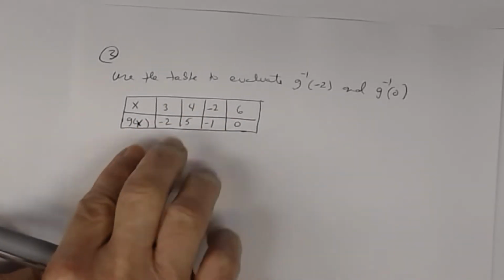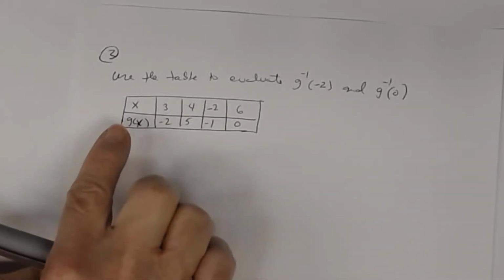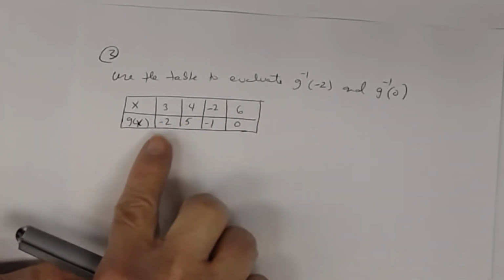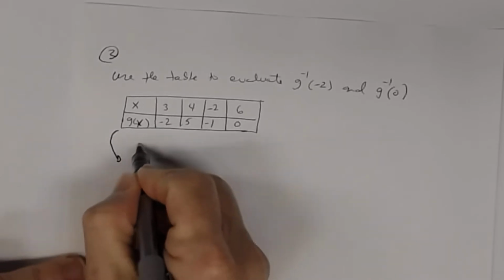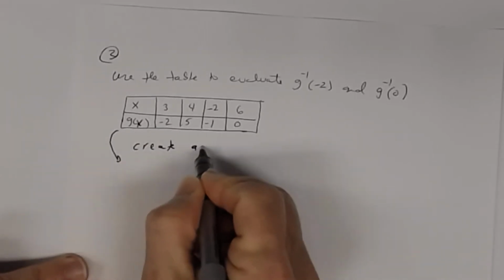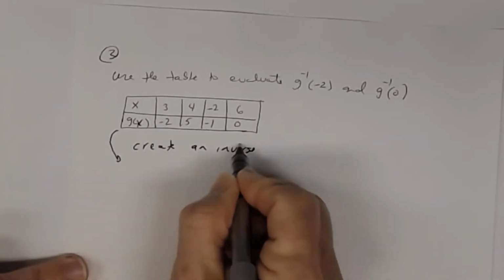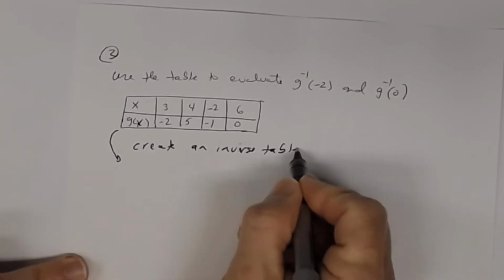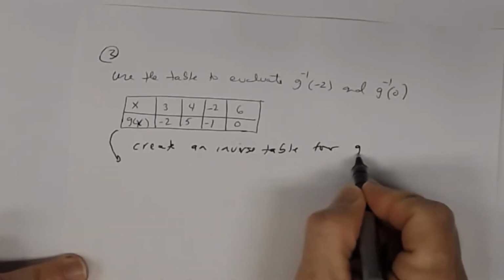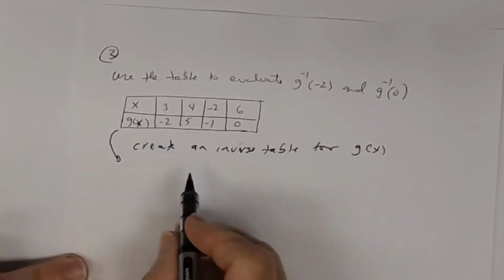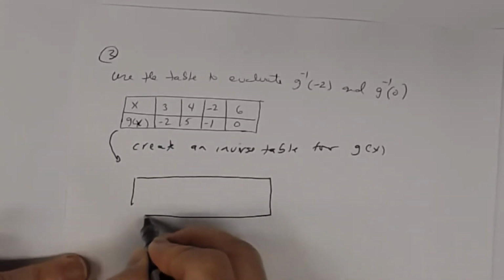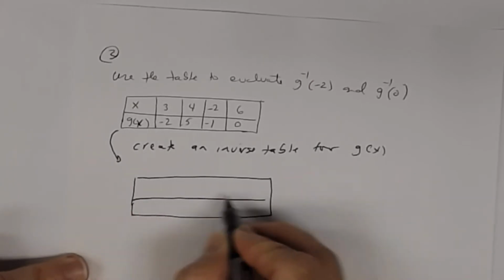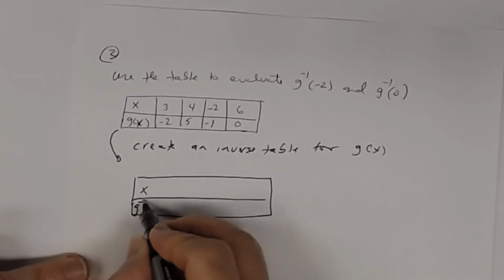But since I'm trying to find the inverse, some students prefer to create an inverse table for g of x. All right, so this is g of x, here's its inverse. It does help to do that. It really does. So this is x, and this will be g inverse of x.